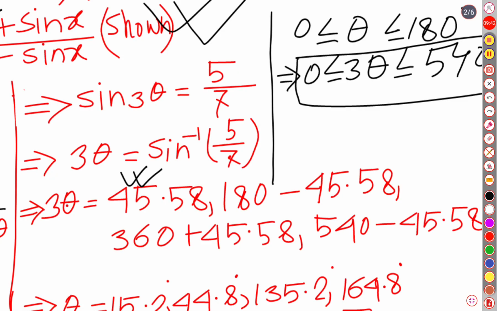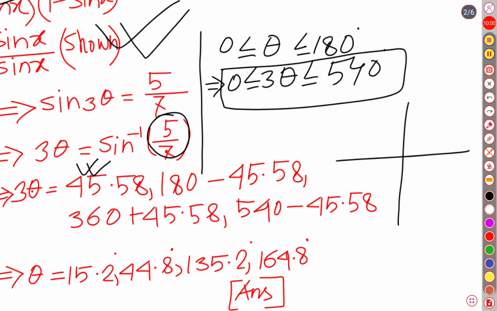Now as it is positive, we should know which quadrants contain the values for sine positive. Let me show you through the drawing. So these are our quadrants. Look at this, 5 over 7 is a positive value.